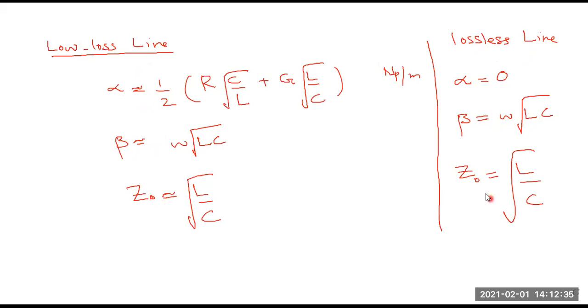And the characteristic impedance of a lossless line is exactly square root of L by C, but for a low loss line we can also use the same equation for Z naught.